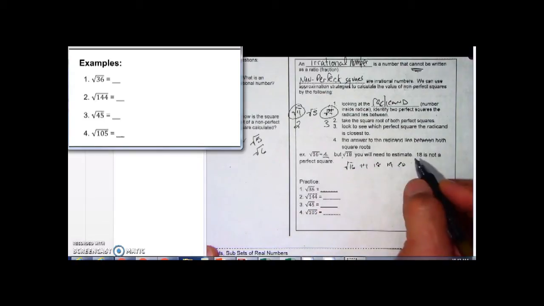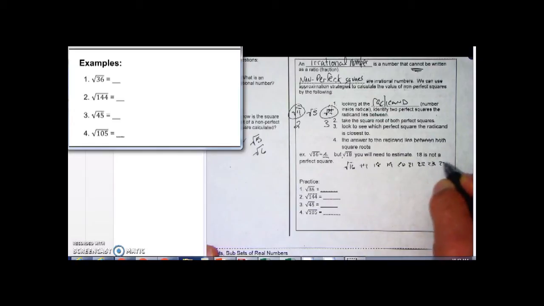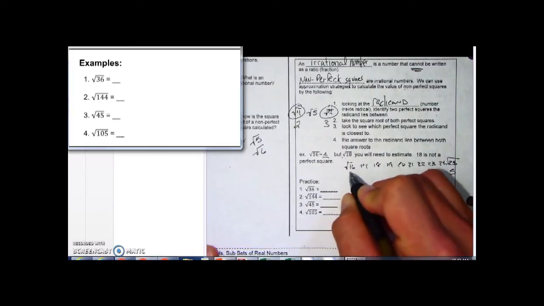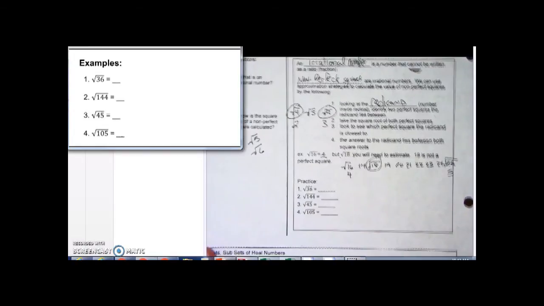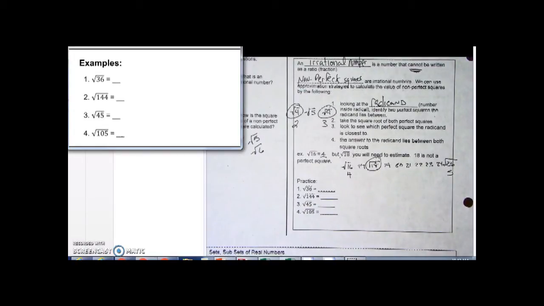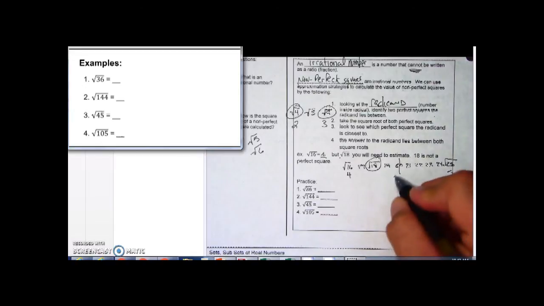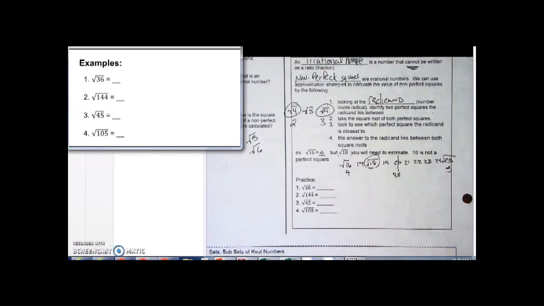What's 5 squared? 5 times 5, 25. 21, 22, 23, 24, 25. So the square root of 25 is 5. The square root of 16 is 4. And we're looking at the square root of 18. So do you think the square root of 18 is closer to 4 or closer to 5? 4, right? Because this is right in the middle, isn't it? So this is about 4.5, yes?